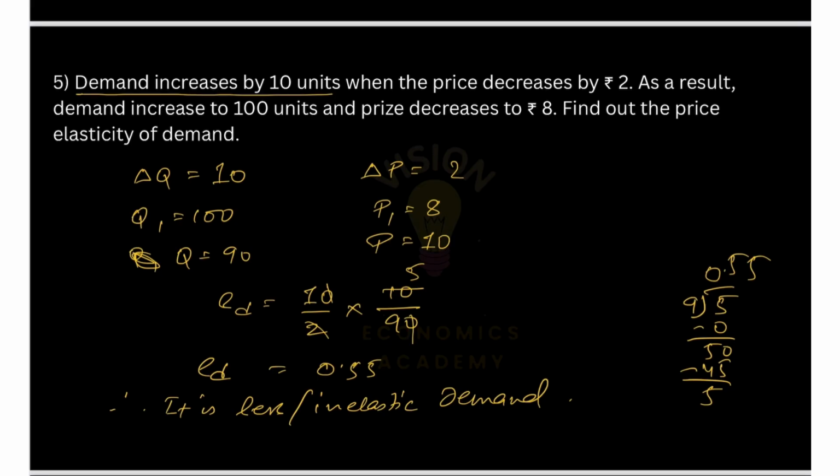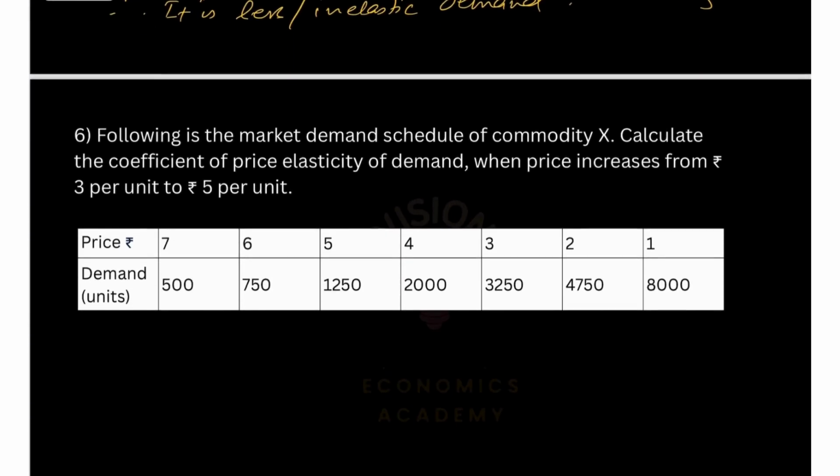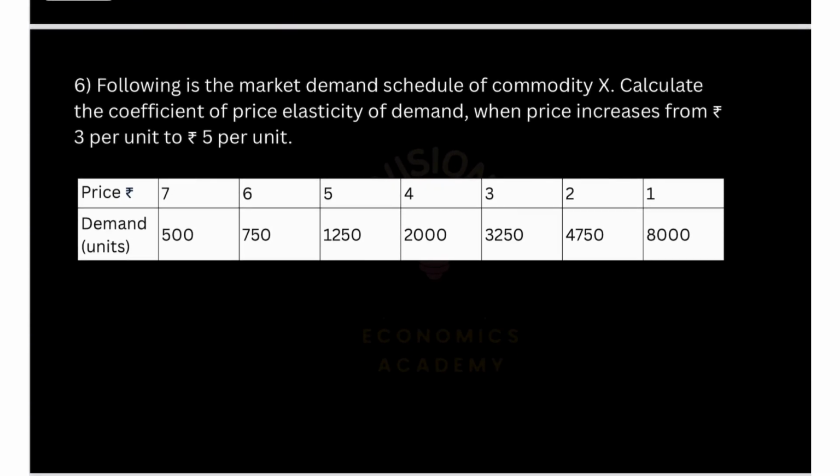Okay, let's go to number 6, which is very similar. Following is the market demand schedule of commodity X. Calculate the coefficient of price elasticity of demand when the price increases from rupees 3 per unit to 5 per unit. Now 3 to 5. So the change in price is, this is P, this is P1 because it has changed from 3 to 5.